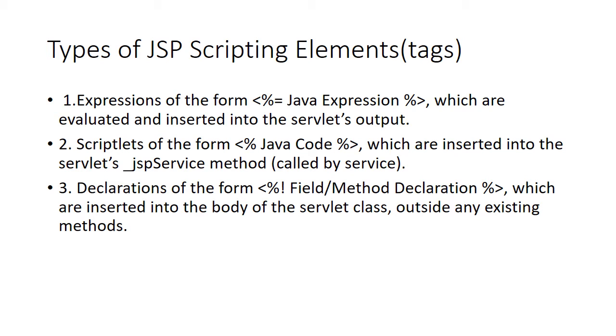Your Java code is embedded between this tag, and it ends with percent and angle bracket. Whereas in declaration, you can see the exclamation mark symbol. So your equal to symbol will indicate the expression tag, your exclamation mark will indicate the declaration tag, whereas in scriptlet you do not have any symbol. Simply you use angle bracket percent, your Java code, and end with percent and angle bracket.